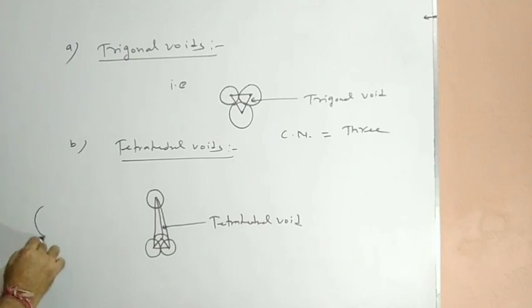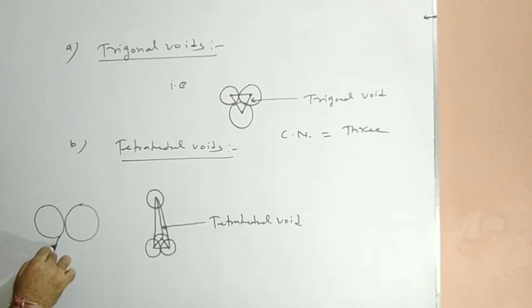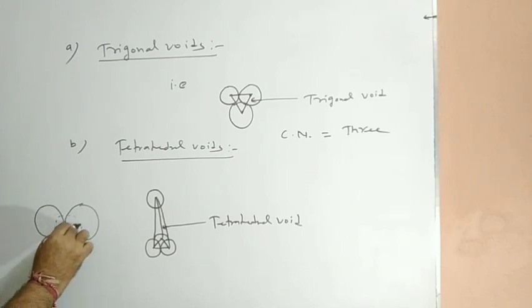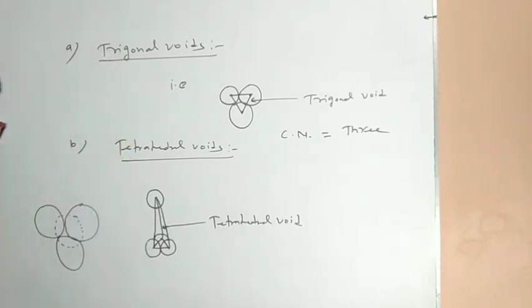Tetrahedral means 3 atoms are put in this way and the 4th atom is above the first layer, then you obtain what? Tetrahedral void.